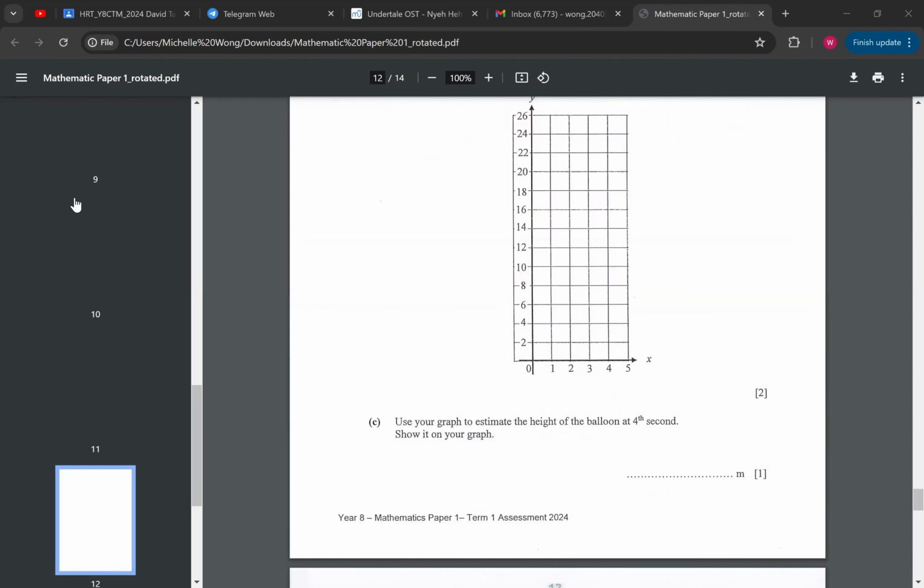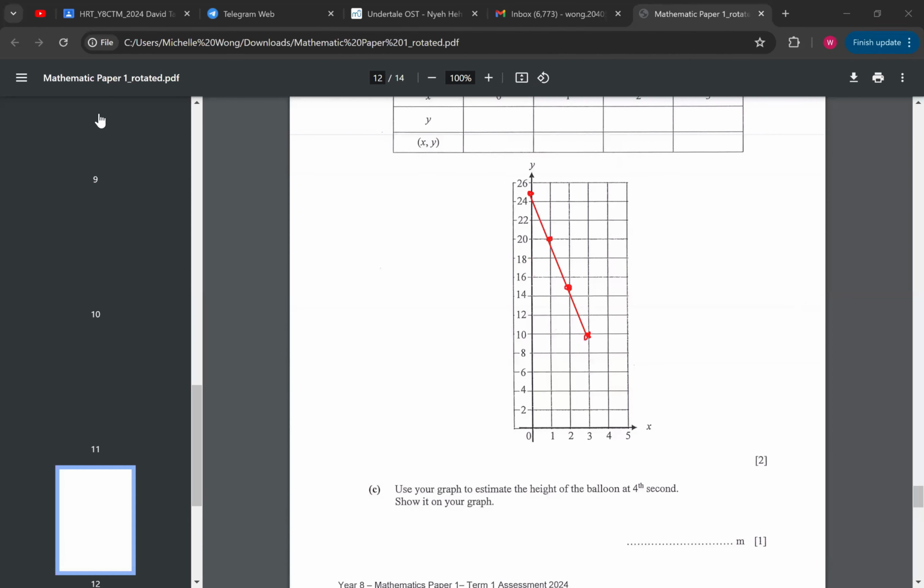C. Use your graph to estimate the height of the balloon at 4 seconds. Show it on your graph. So for this, they want the 4th second. So for number 4, it will be somewhere here.